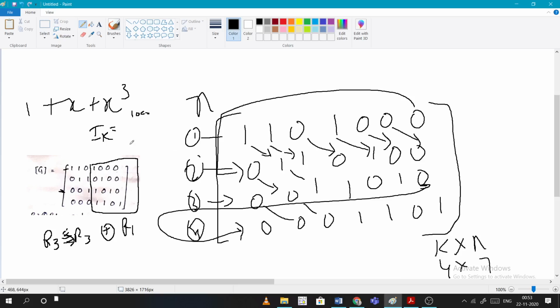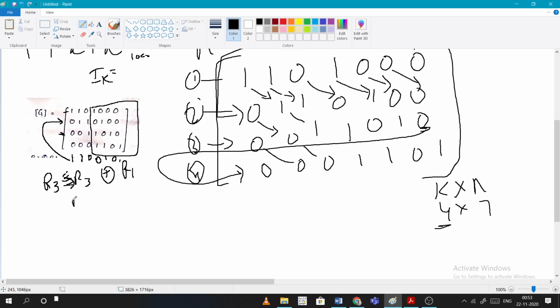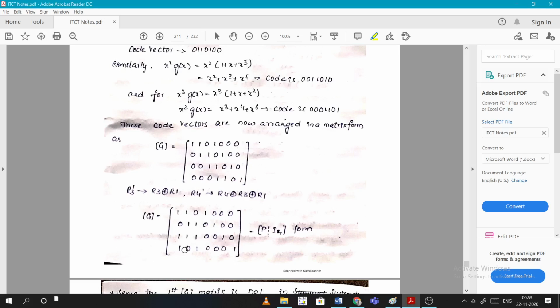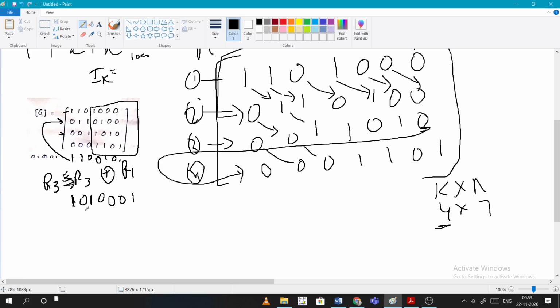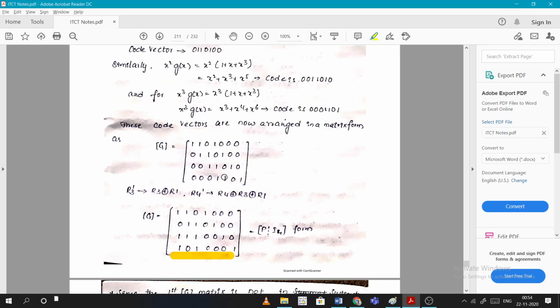So here this will be 1 1, this is 0, and this will be 0 1 0 1. Again I will XOR it with the second row. Then these bits will be changed to 1 0 1 0 0 0 1. You got it, the same way, because we need to change 2 bits. You need to check with how many rows. If I do row operations, this will be changed to our requirement.